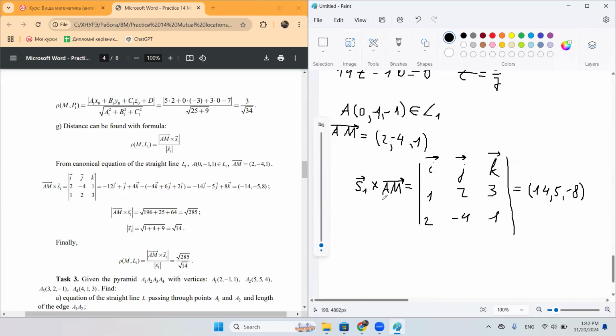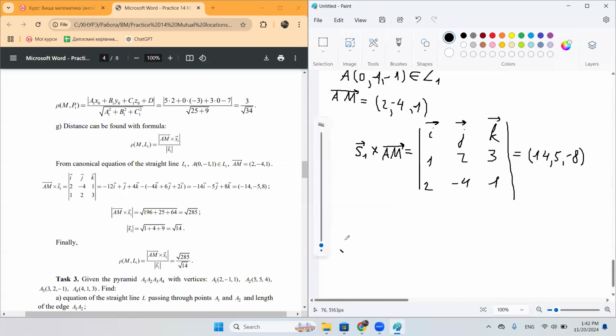So basically, what are we having? The formula is the following. We need to divide the magnitude of this cross product by the magnitude of the direction vector. So we found the magnitude of the cross product, found the magnitude of the direction vector, and divided it.